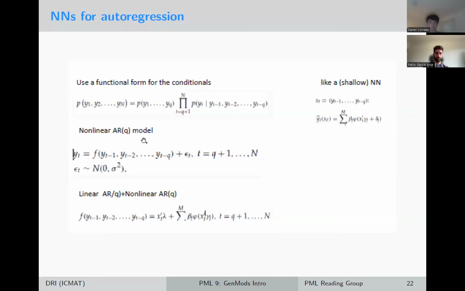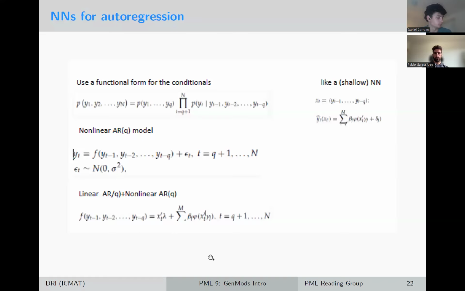But to give it a little twist and to improve predictions, we can combine a standard linear model with a nonlinear one. So we combine a linear autoregressive model with a nonlinear autoregressive model.